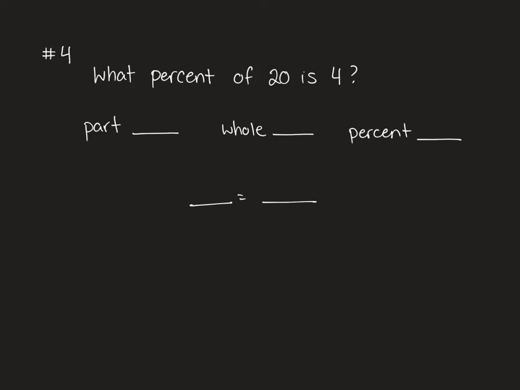What would our first part be? Our first part would be 4, and our whole would be 20. Of often gives us a hint that the number that comes after of is usually our whole, right? Because it's the part of a whole. So in this case, our whole would be 20. And then we have to look at, do we know what percent we have? Well, it says what percent. So that would be unknown.